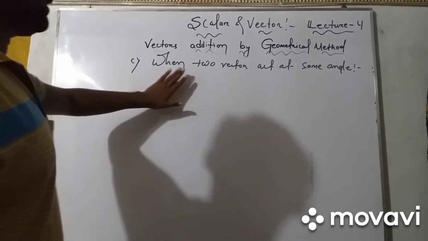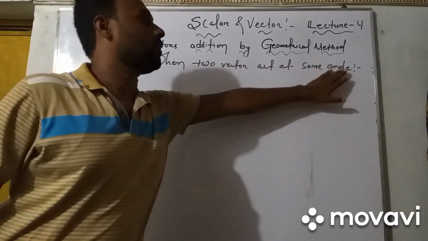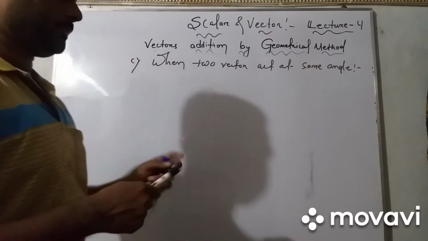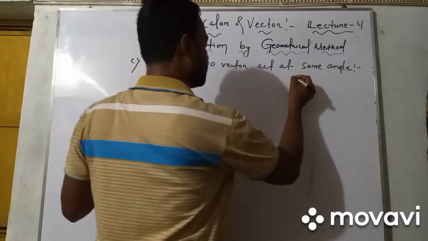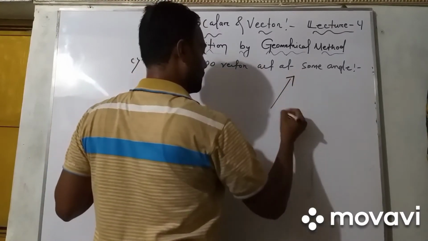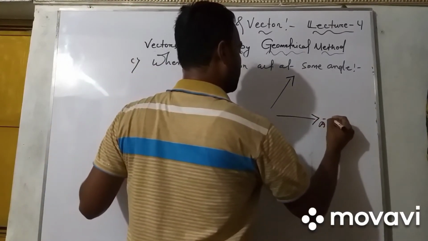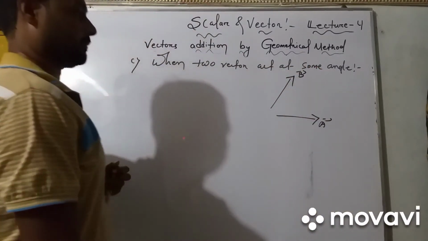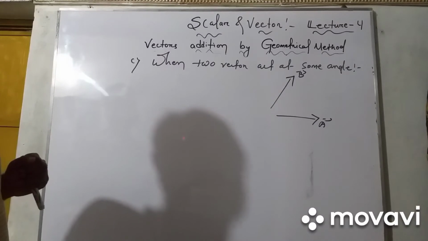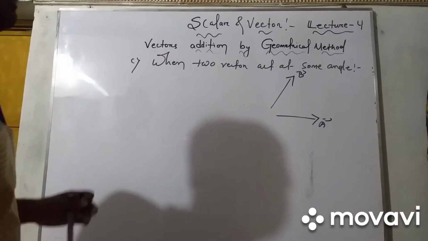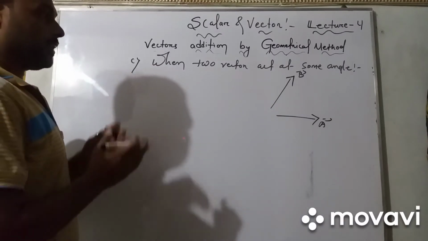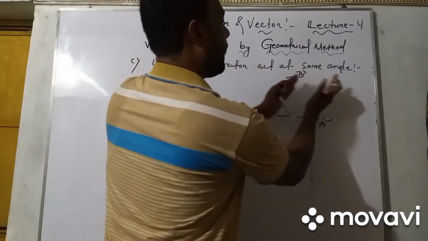Next point is when two vectors act at some angle. That means if you represent this as A vector and this as B vector, they are creating some angle. Then what will happen? As you know, parallel shifting means that the vector becomes shifted parallelly.